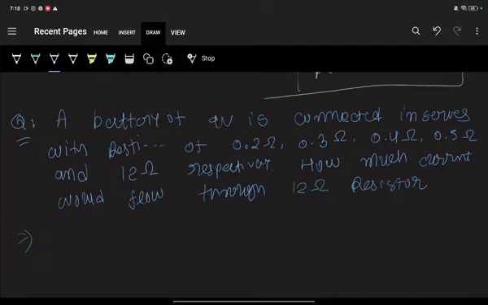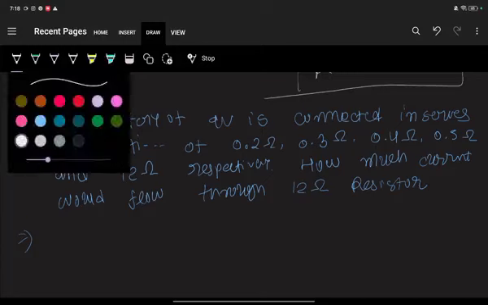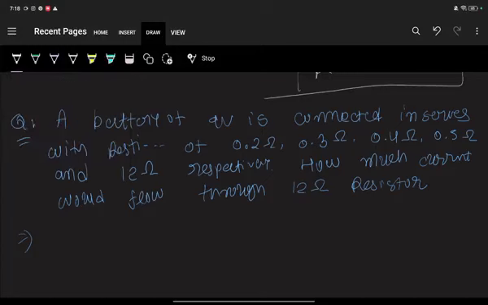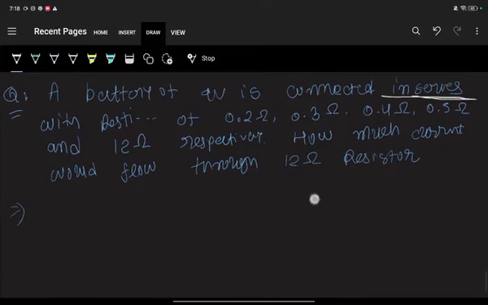So, my first question is, should I add these 0.2 ohms along with 12 ohms? The question says in series. So, this is the situation.